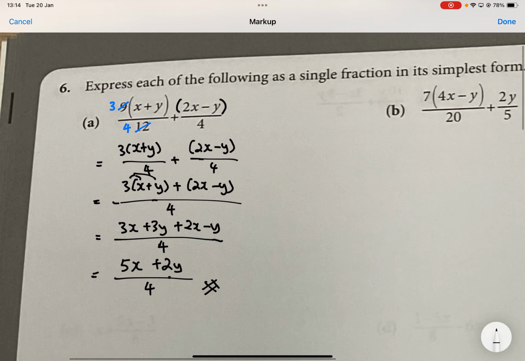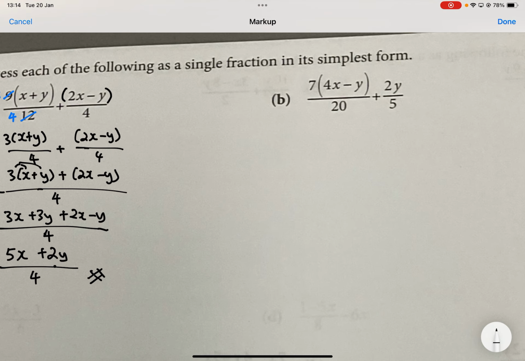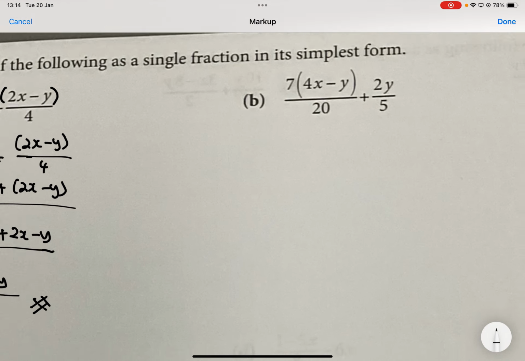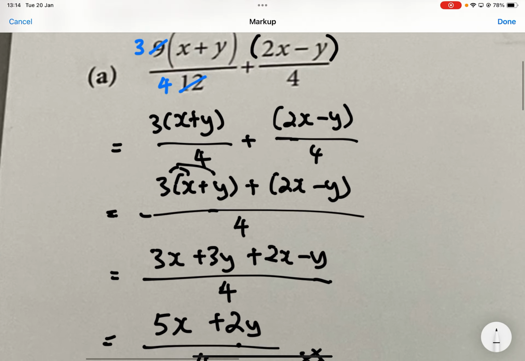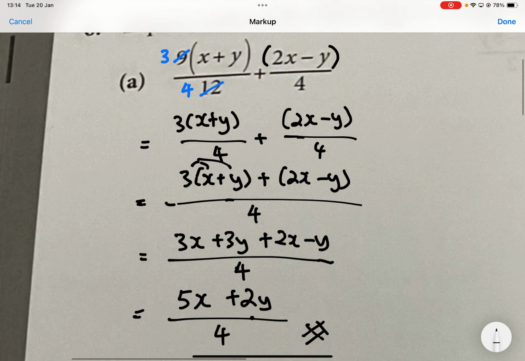Okay? Next one. Not done. While they are still copying, those who finish can try part B. It shouldn't be difficult for you now. Now all of you should be experts already at adding fractions.